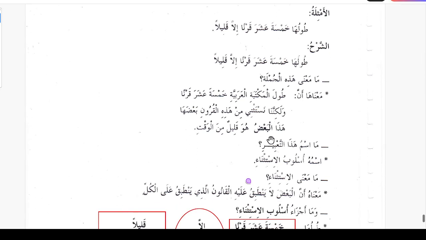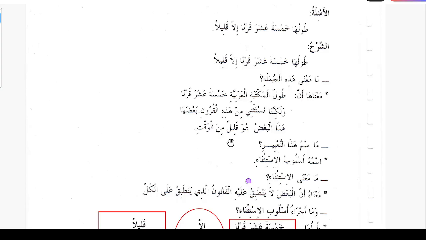Walakinnana nastasni min hazihil kuruni bazaha, but we make exception from these centuries by a part. Kalilan means by some part of it we are making some exception, that they are not a full 1500 years. Hazal bazu huwa kalilun min al waqti, and that part is a little time.